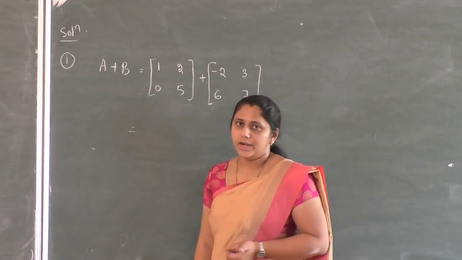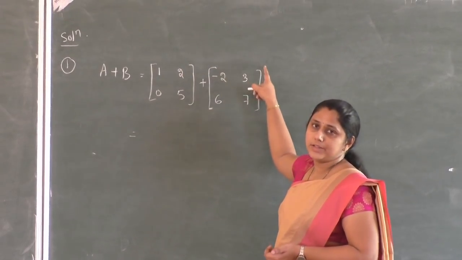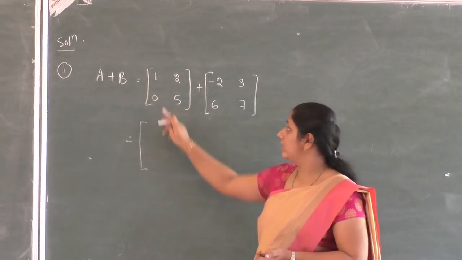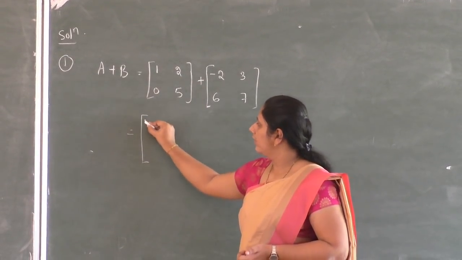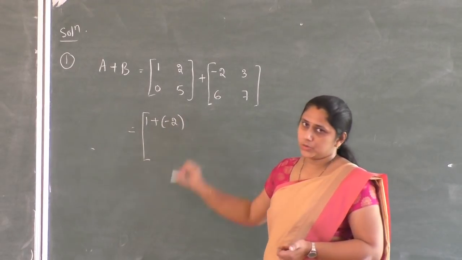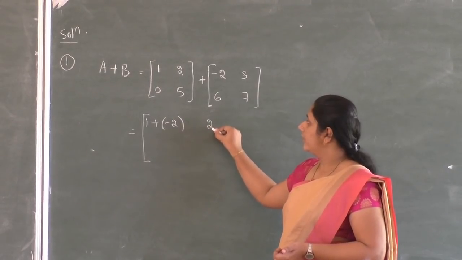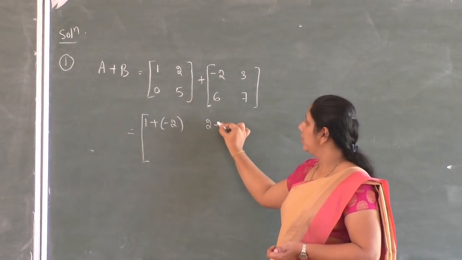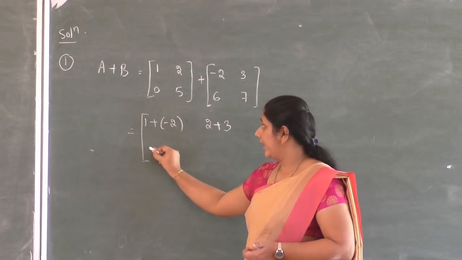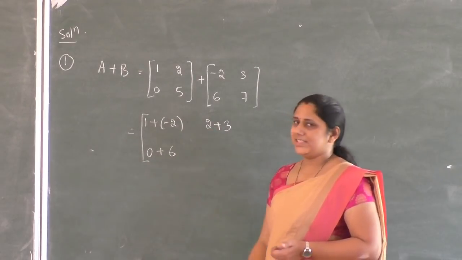So the condition to add any two matrices is you have to add the corresponding elements of both the matrices. So the resultant matrix, the elements are 1 plus minus 2. So this is first row, first column element. The first row, second column element 2 plus 3. Second row, first column 0 plus 6.